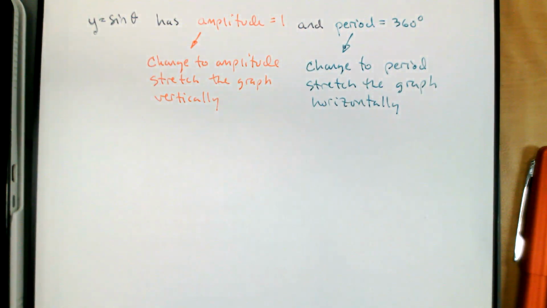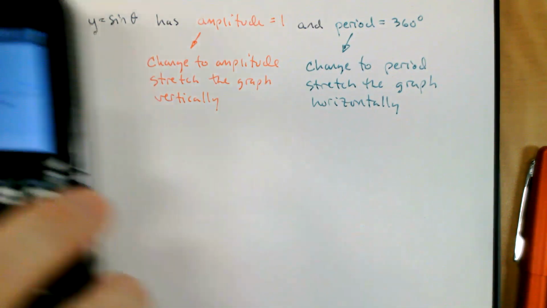So if I want to change the amplitude, I'm going to stretch the graph vertically, or squish it vertically. Same thing with the period, except horizontally. So now we just have to experiment.